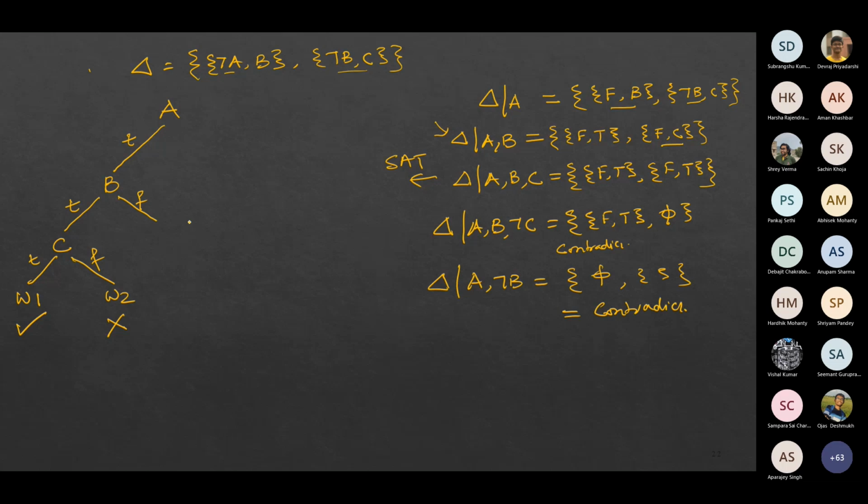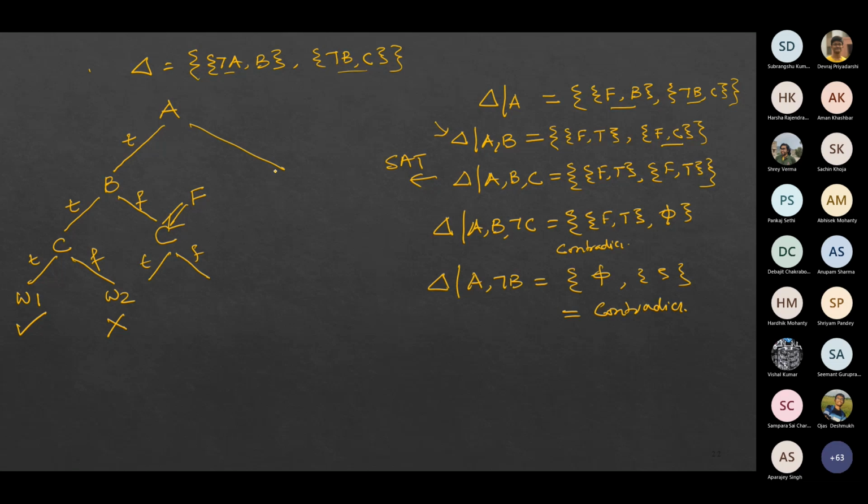And here you can see that we do not really need to explore C further. So I do not really care what my value for C would be. I get a failure here, right?